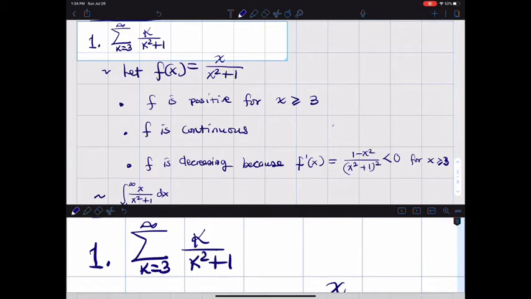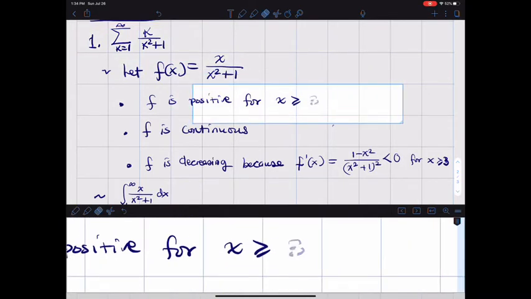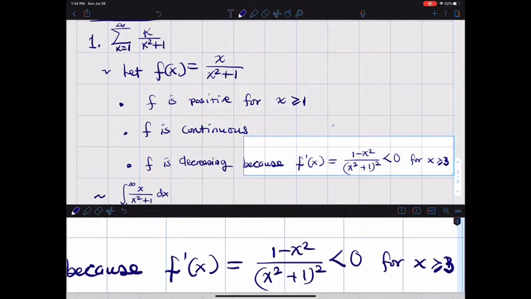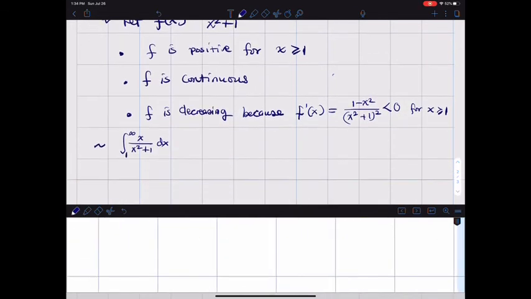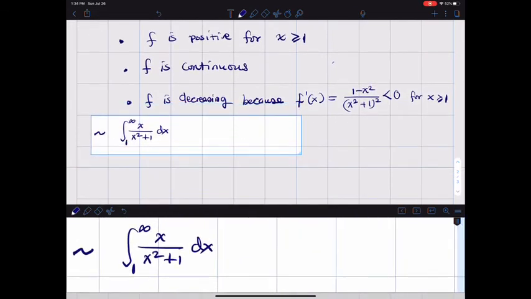But you know what? I'm going to change this question, make it more in line with the theorem. So let's just change everything to 1. Change this to 1, and make this also 1, okay? So forget about the 3. So that we can do this integral, x over x squared plus 1 dx.